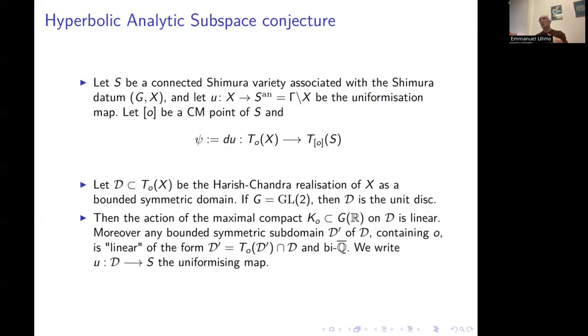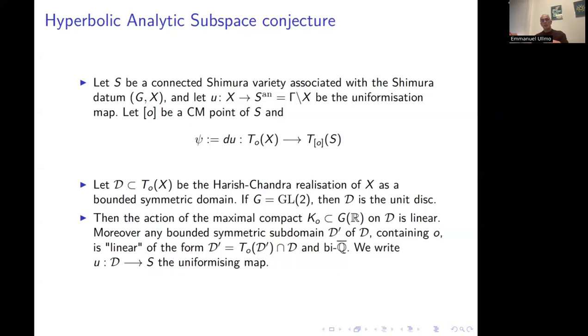They are given by linear equations. Any bounded symmetric subdomain passing through the point O is just given by the intersection of the tangent space to D' with the bounded symmetric domain.